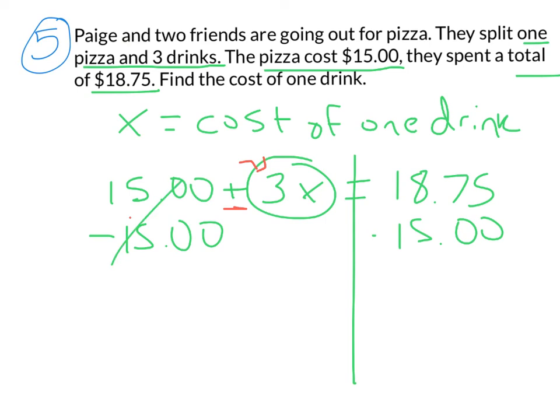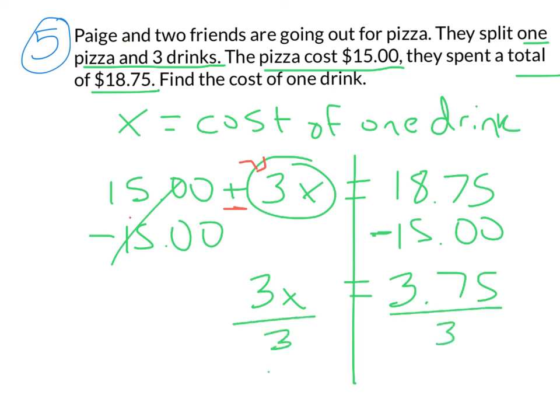So we have 3x, 18.75 minus 15 is 3.75. Finally, we divide by 3 from both sides. X equals, looks like that's 1.25. So the cost of 1 drink is $1.25.